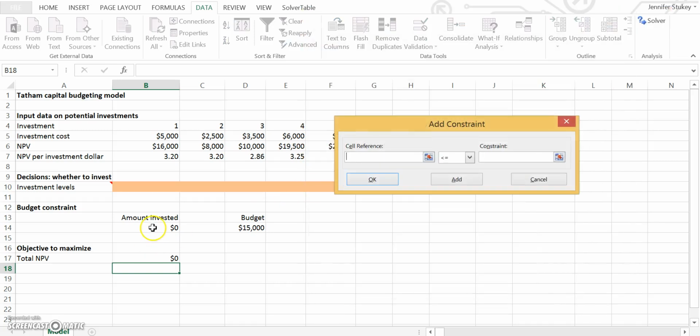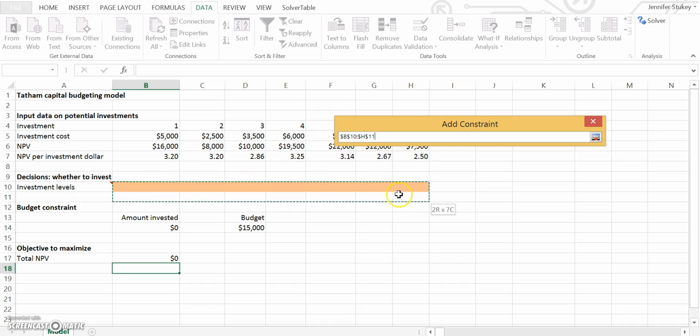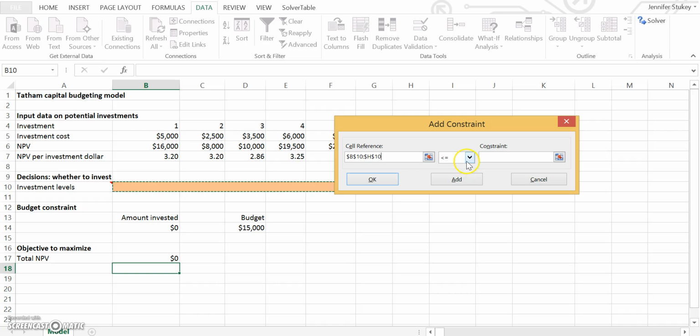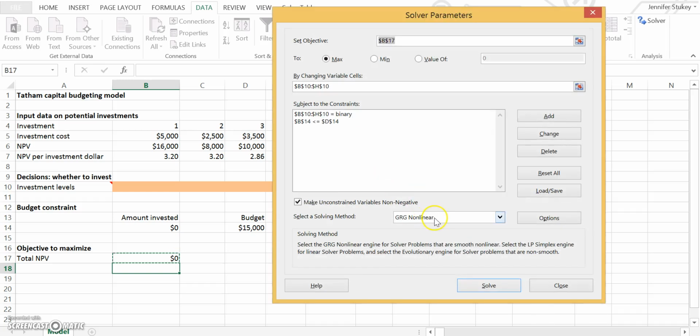The first constraint is that the amount invested has to be less than or equal to the budget, and the second constraint is that the investment levels have to be binary. That is this BIN down here, and go ahead and press OK. Make sure you are on Simplex LP and go to Solve.